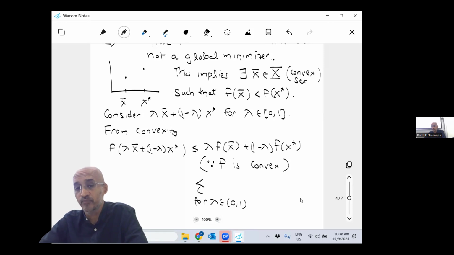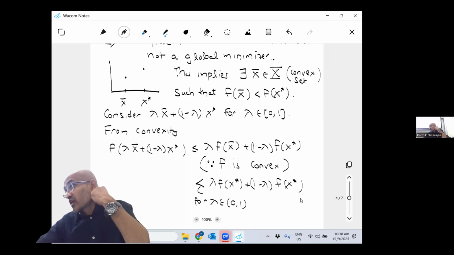So I can write this as less than lambda times f of x star plus 1 minus lambda f of x star. This is true for all lambda strictly between 0 and 1, because these are now non-zero, positive values, and f of x bar is less than f of x star.